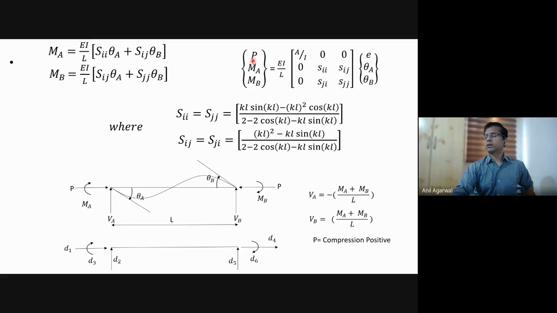So if you ignore that effect, then P is equal to axial deformation multiplied by AE divided by L. If you multiply EI by L multiplied by A by I, the I will cancel out, and you will be left with AE divided by L multiplied by axial deformation. So what assumption are we making here? We are making an approximation when we say P is equal to this much, where it does not depend on theta A and theta B.